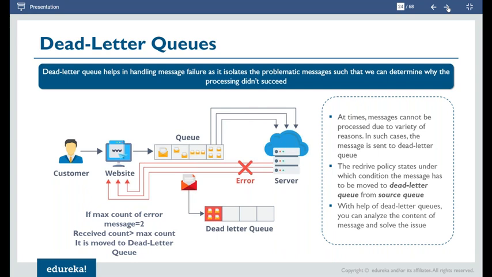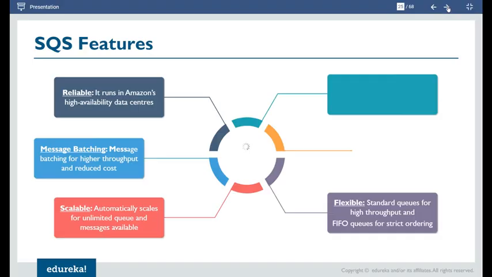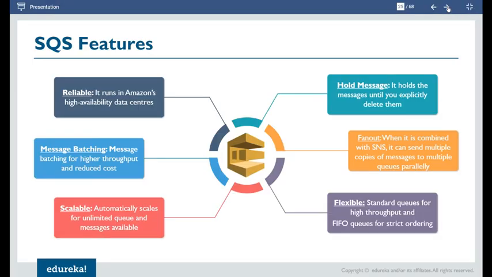Certain messages which are not processed can be filtered out and put up in a separate queue. That is called a dead letter queue. So SQS features: it is reliable, message matching is possible, scalable, flexible, can fan out notifications, and can hold messages.